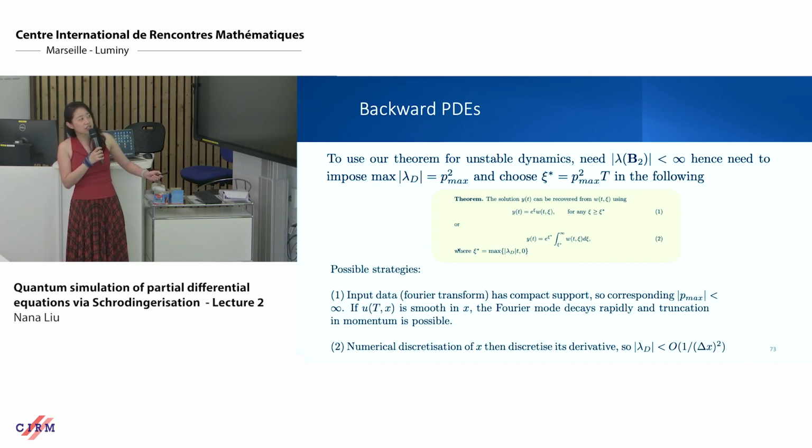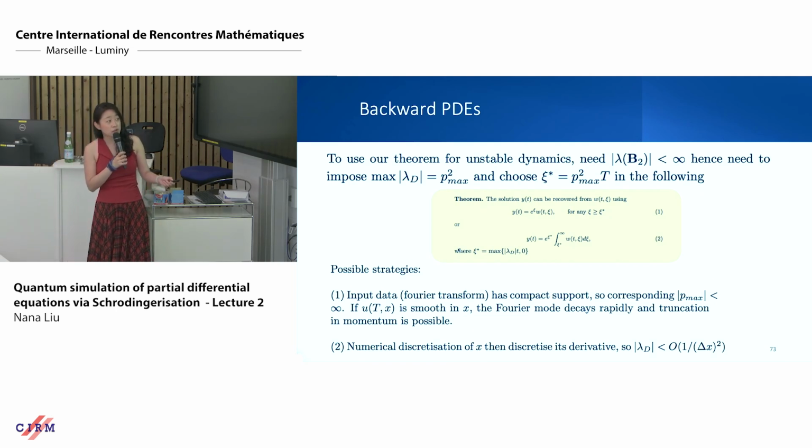But actually there are some possible strategies around that. First of all, if your input data and its Fourier transform has compact support, then your maximum momentum is bounded. So if it's bounded, then you just use the bounded maximum and choose p squared max t to be your psi star.